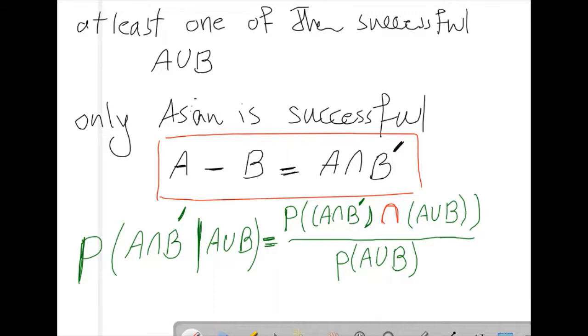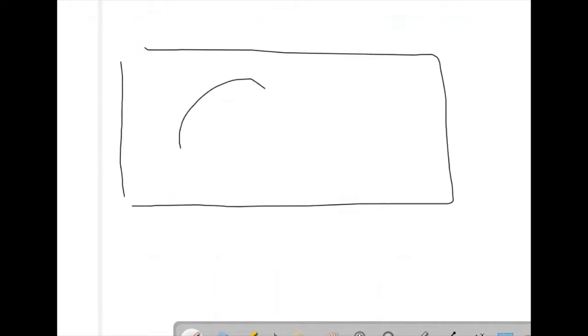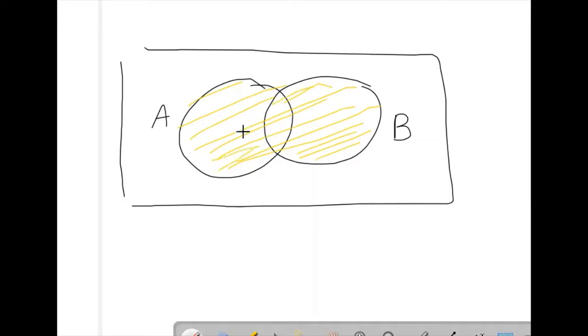If you look at this Venn diagram, A union B is this part. So this yellow part is A union B. Just A is this part.